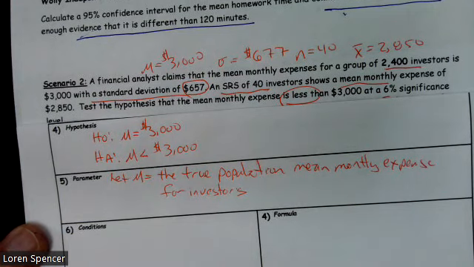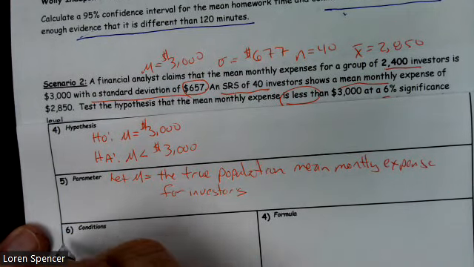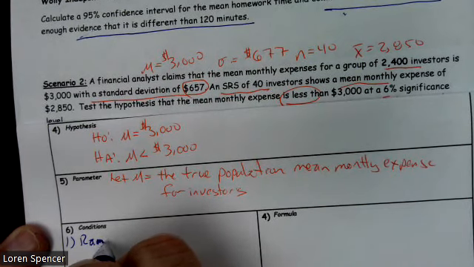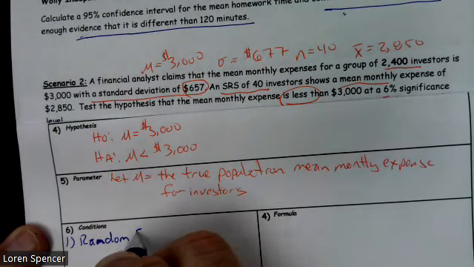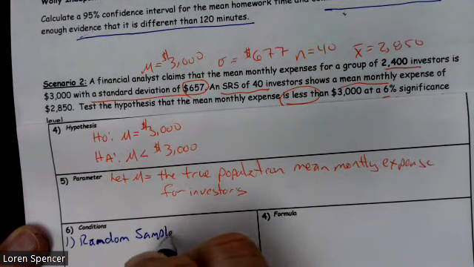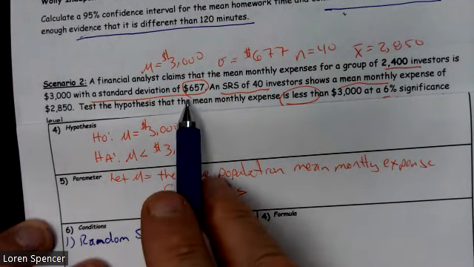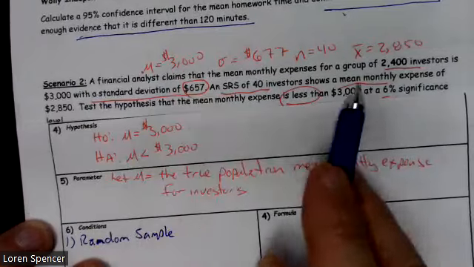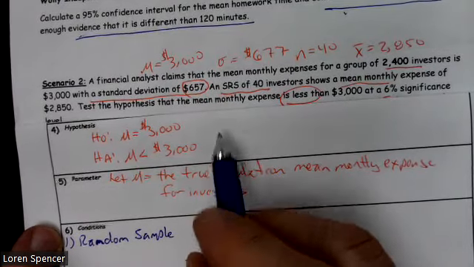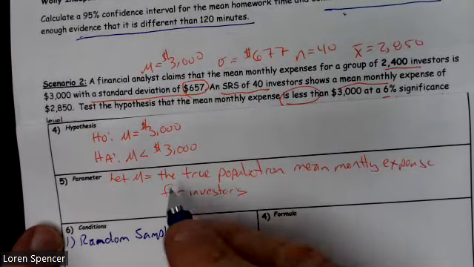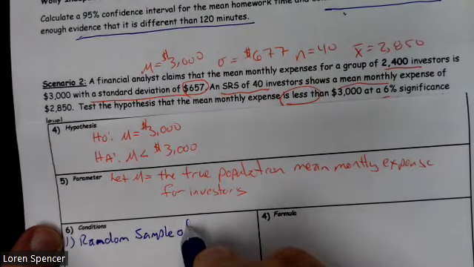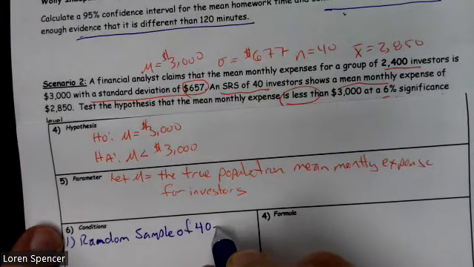Conditions. Our first condition is always random sample. And our random sample is of size 40, and that was given.